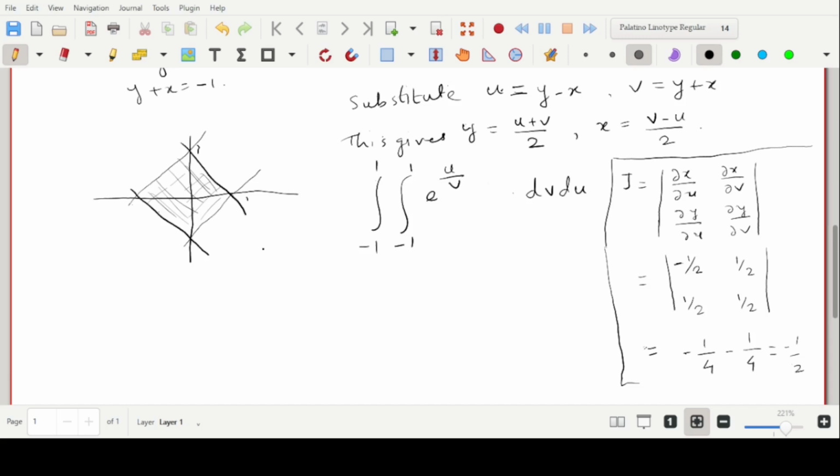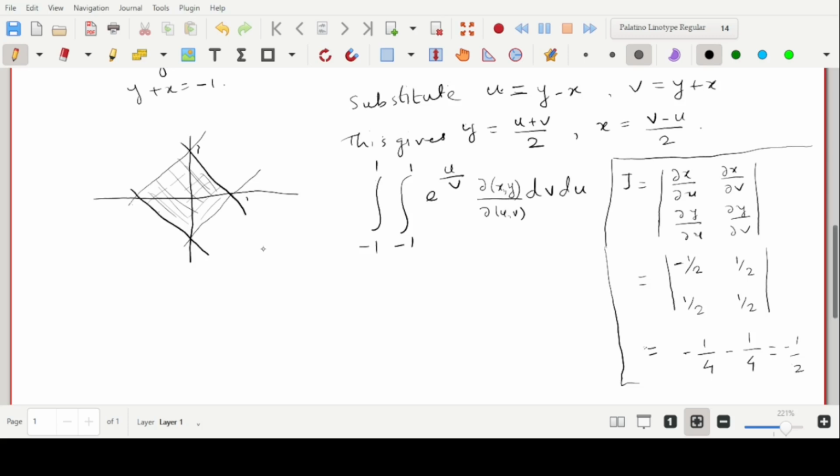Okay, so this Jacobian is denoted by del x comma y divided by del u v. Remember this. You can use this symbol. You should use this.